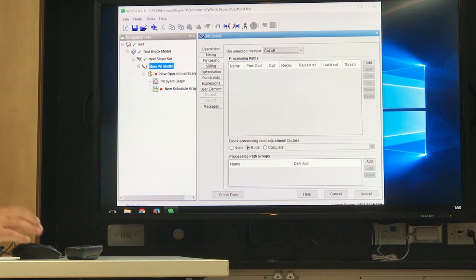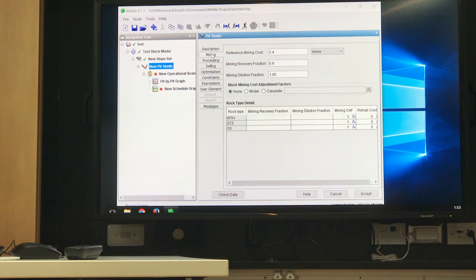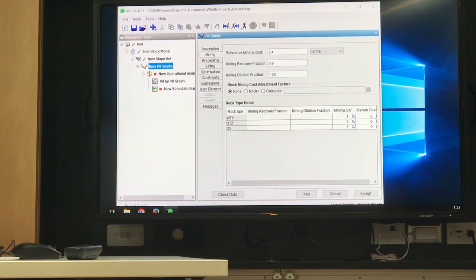Yes? Can I go back to the mining tab? Sure. Let's say this is just a preliminary slope design. In a real situation, how do we know what the mining recovery fractions or dilution fractions are? Very good point. You need to do some sort of benchmark for similar types of deposits in the same kind of situation.